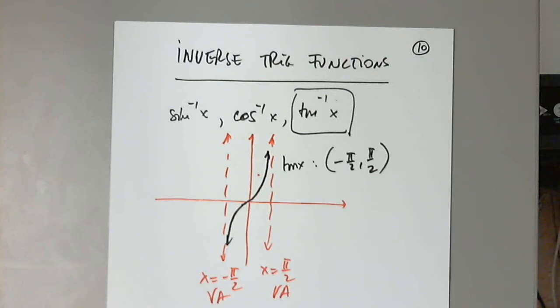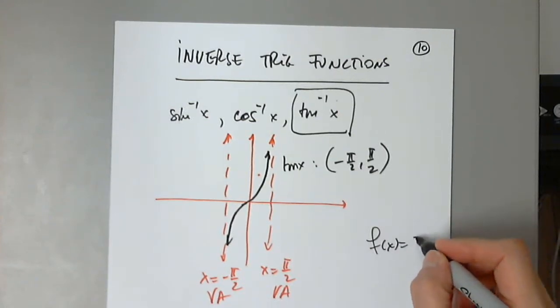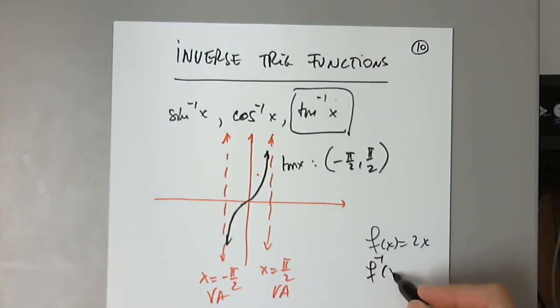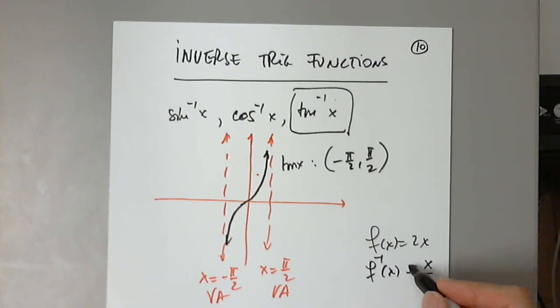I have a question. Is tan inverse the same thing as cotangent? No. Tangent inverse is the notation for the inverse function of tangent. For example, here, these are two inverse functions: f of x equals twice x, and f inverse is x over 2.